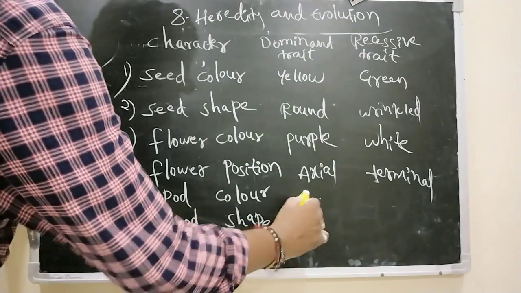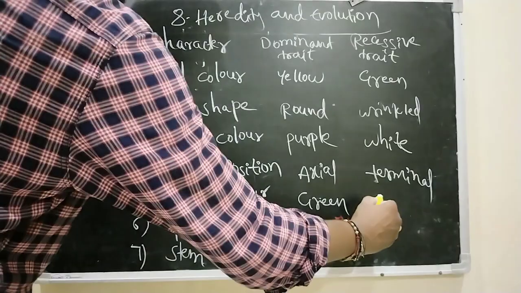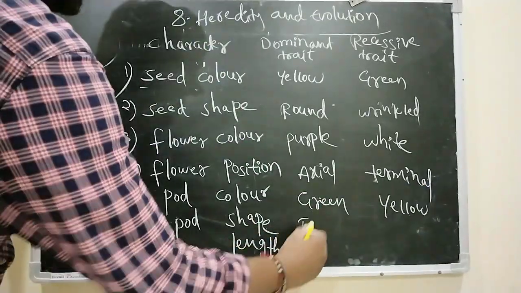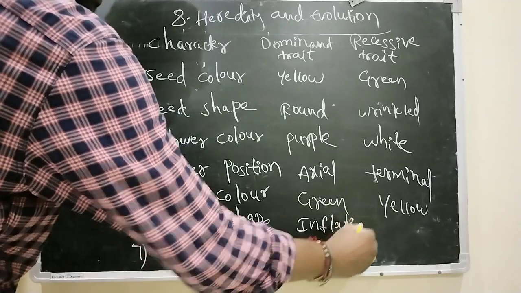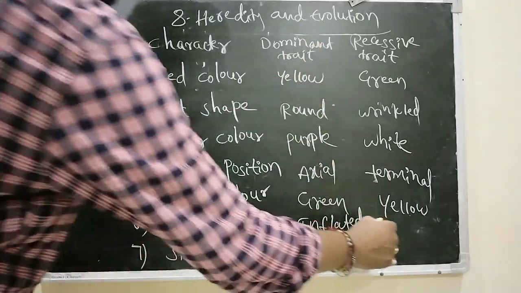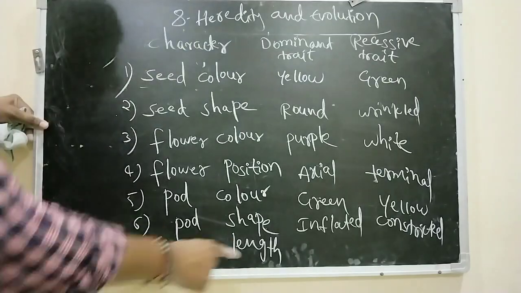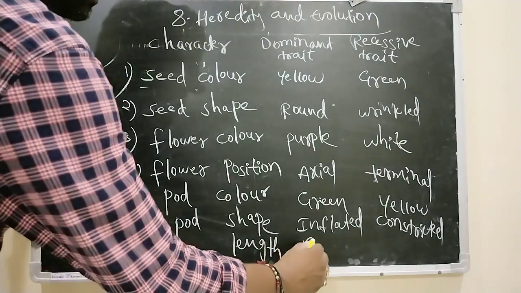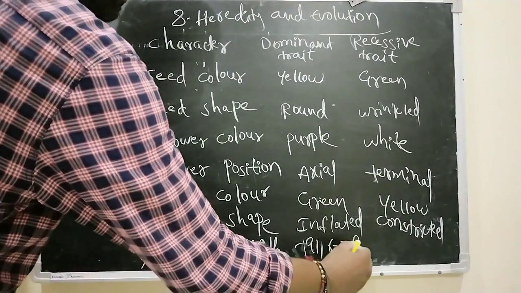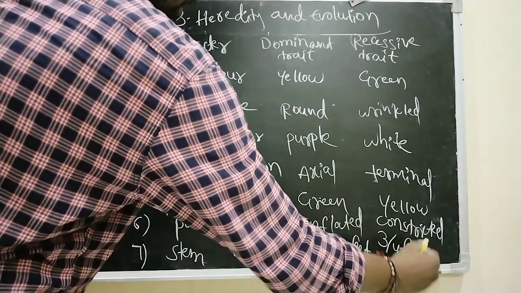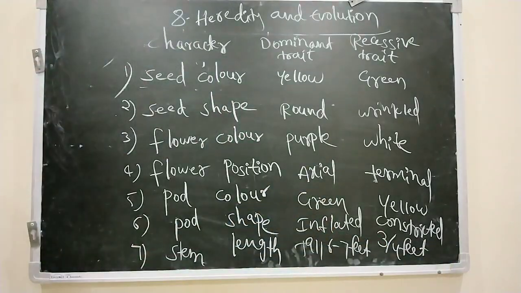And pod color, green color is the dominant, yellow color is the recessive. Pod shape, inflated is the dominant trait, constricted is the recessive trait. Stem length, most of the stems are tall, up to 6 to 7 feet.